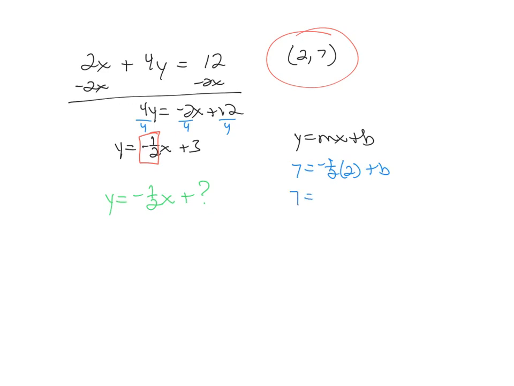Okay, so we get negative 1/2 times 2. What's half of 2? Half of 2 is 1, but negative. So the b is 8. So that means over here I have plus 8.